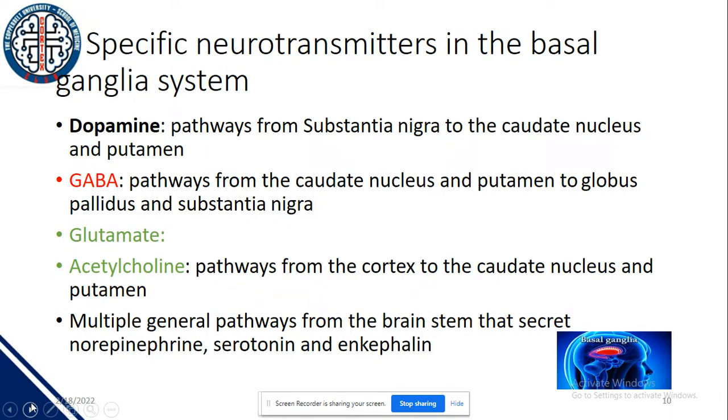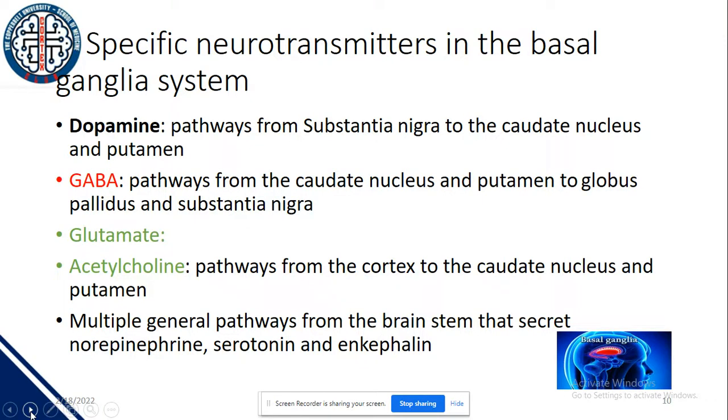Where do these neurotransmitters originate? The pathway from the substantia nigra to the caudate nucleus and the putamen makes use of dopamine, as we shall see in the depictions in the next slides.